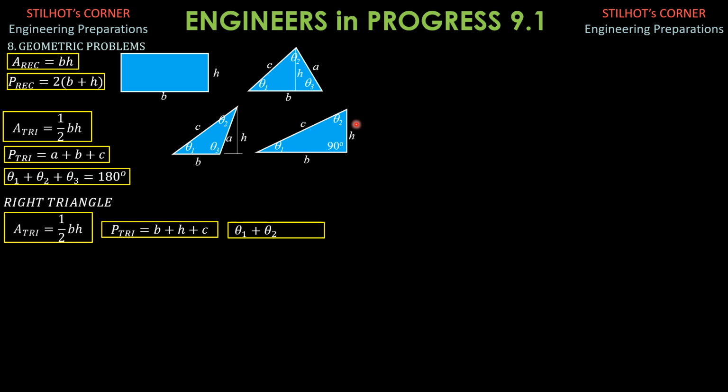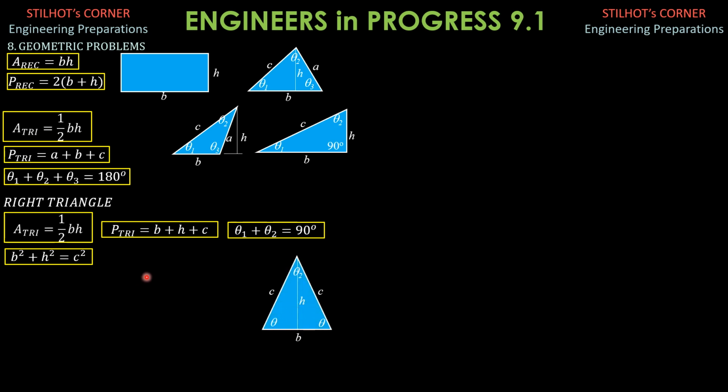So theta 1 plus theta 2 equals 90 degrees this time, because one angle of a right triangle is 90 degrees. That's why it's called a right triangle. So therefore, theta 1 plus theta 2 is equal to 90 degrees, and by the Pythagorean theorem, b squared plus h squared equals c squared.